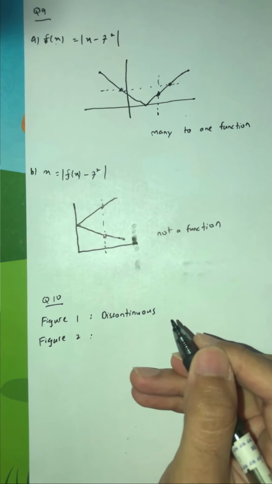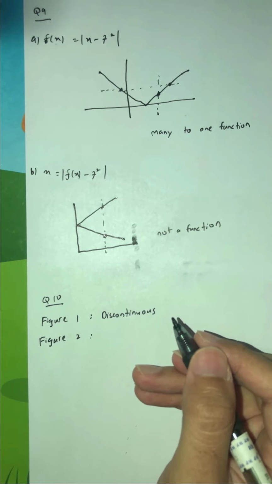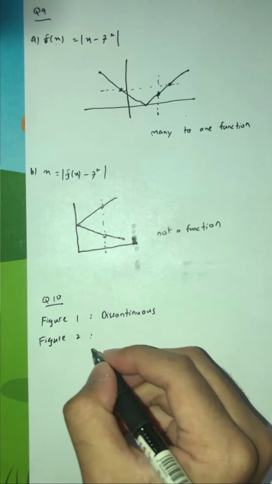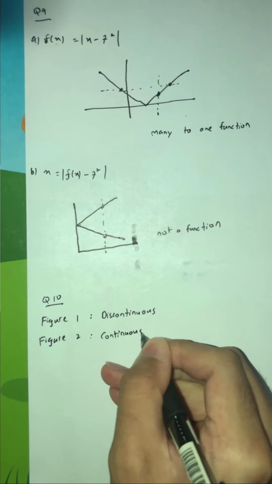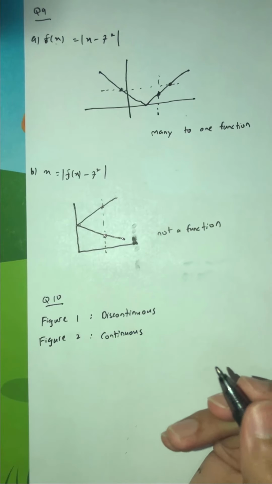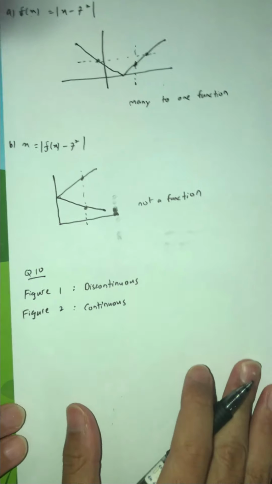Because it is not connected over the whole domain, right? There are gaps between the lines. But figure 2 is, of course, continuous. Okay, that's simple enough.